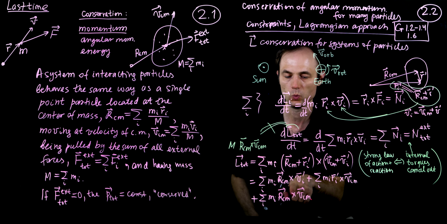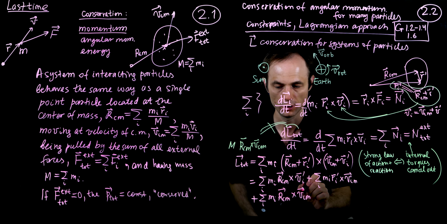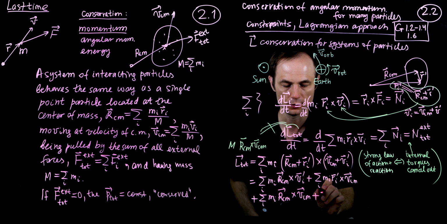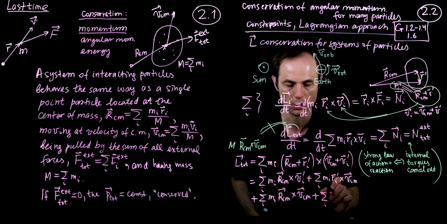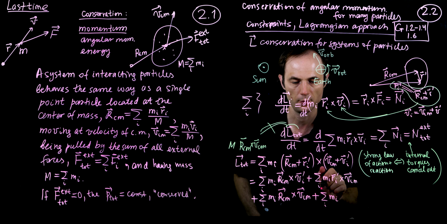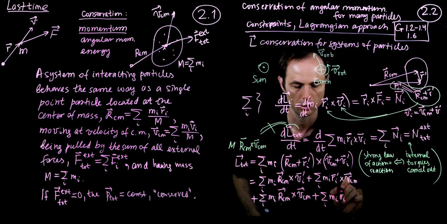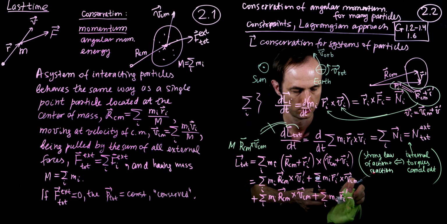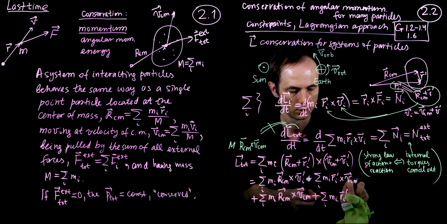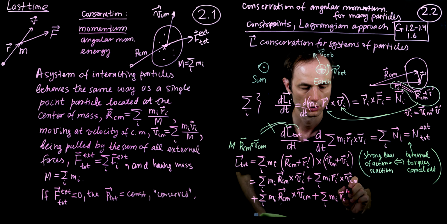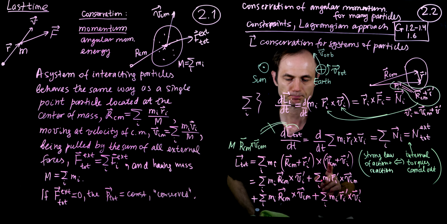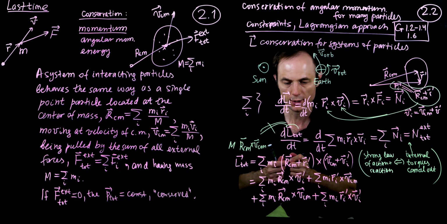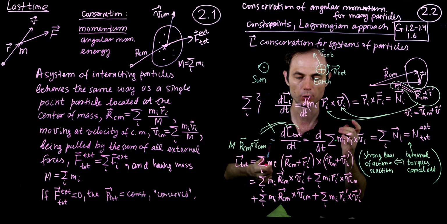This is the term that we expected to have, but there is going to be an additional term, which will be the sum of Mi Ri prime cross Vi prime. So what is the physical meaning of all these four terms?